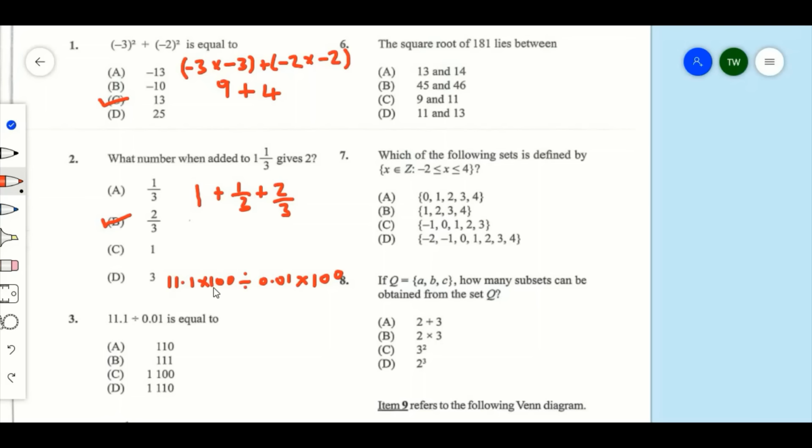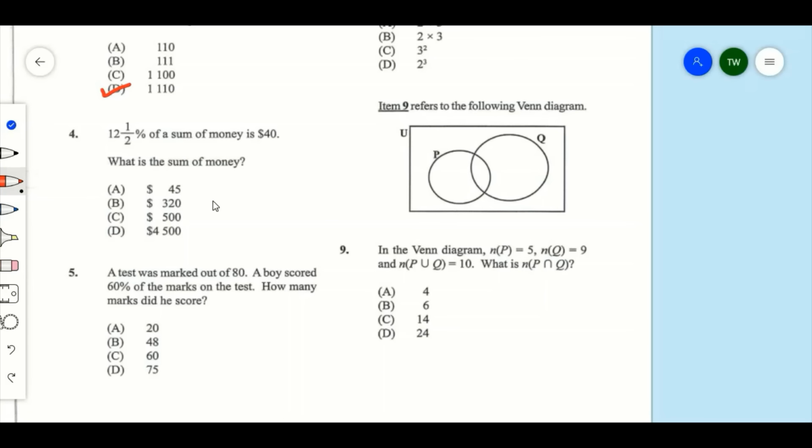So 11.1 times 100, that's going to result in 1,110 divided by 0.01 multiplied by 100, that's going to result in 1. And as you know, any number divided by 1 gives you back itself. So our answer here is going to be 1,110, which is C.